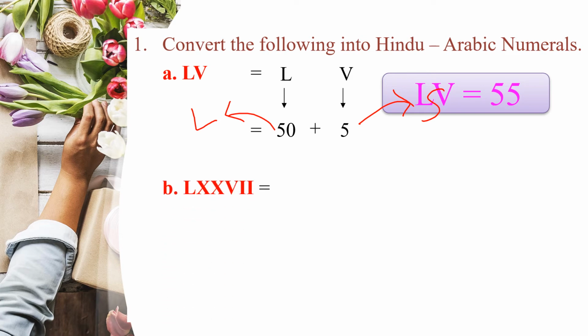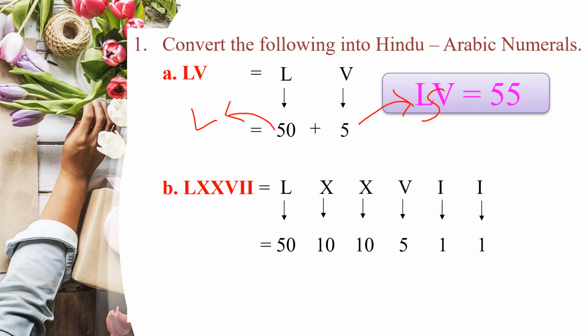B question, LXXVI. We write these symbols separately: L, X, X, V, I. The value of L is 50, X is 10, V is 5, I is 1. Larger number, smaller number, so we need to perform the operation addition. The same numbers are repeated, so we need to perform the operation addition.